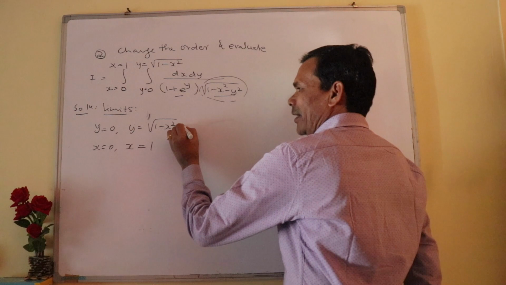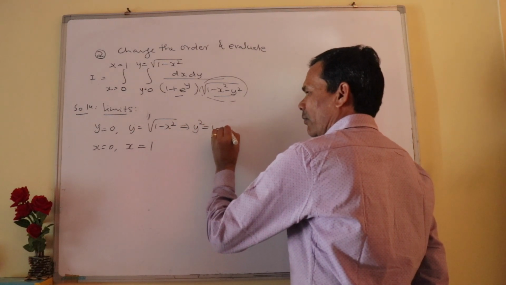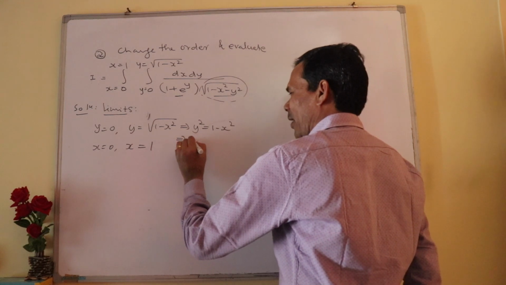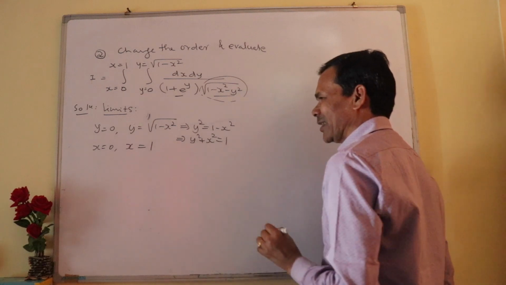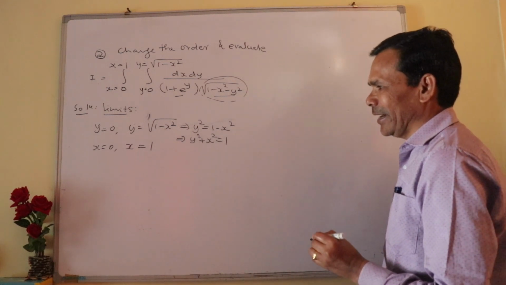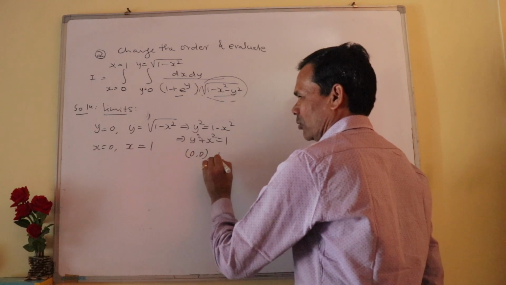I simplify this, squaring on both sides for this boundary, this implies y square plus x square is equal to 1. This is a circle with center at 0, 0 and radius 1.